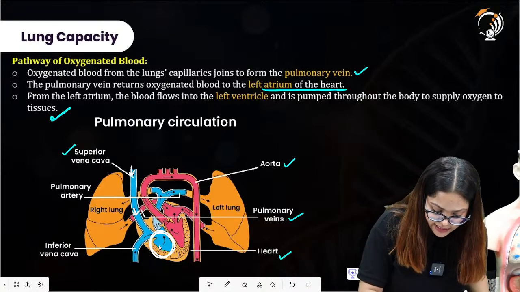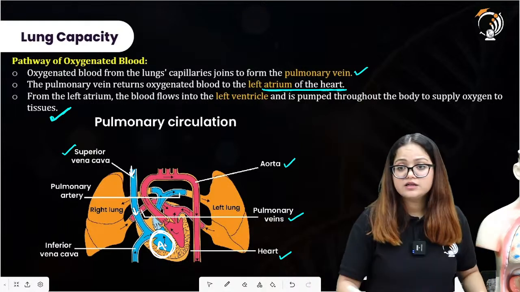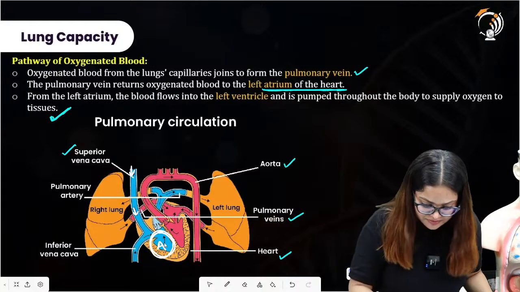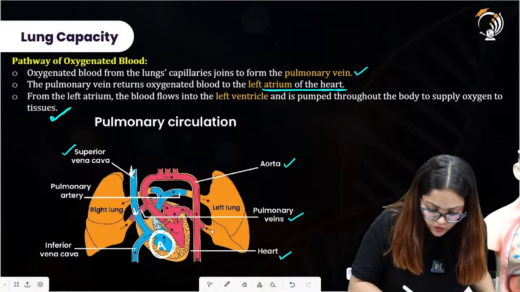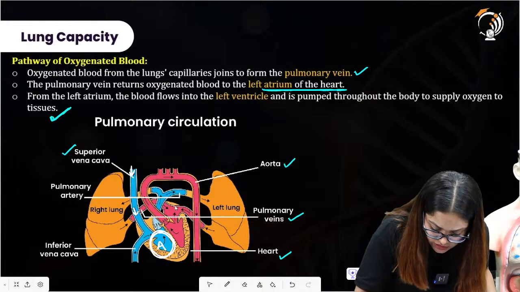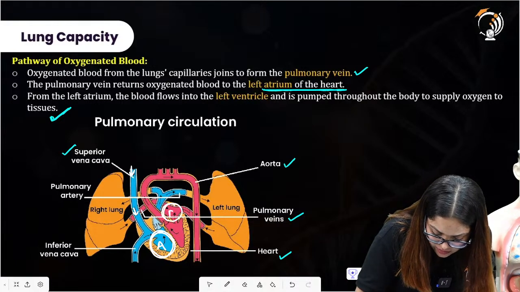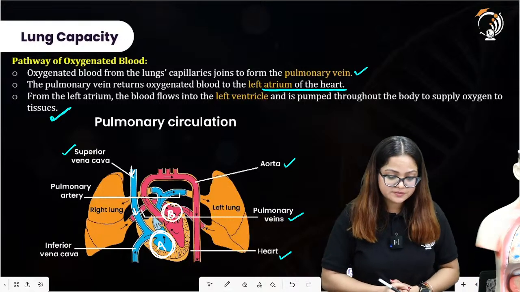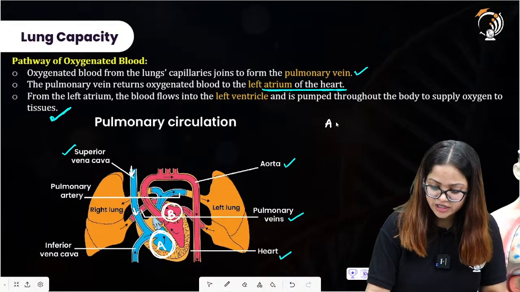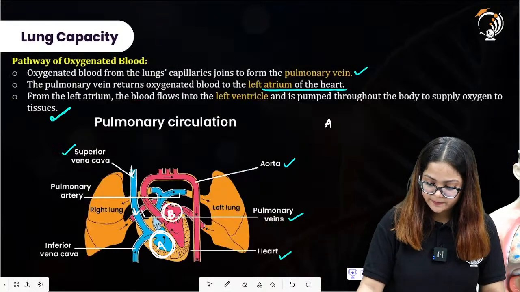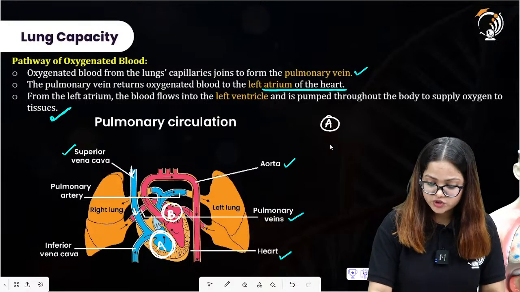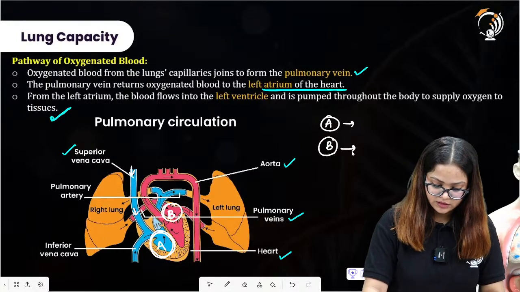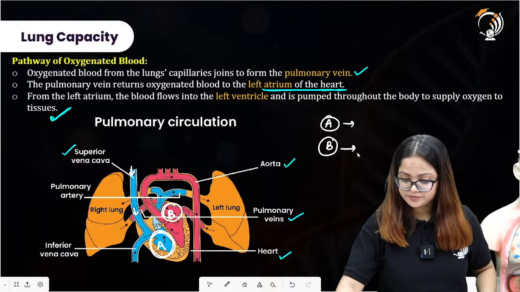Let me mark it as A. Try to tell which chamber of the heart is represented by A here, and the same for the region represented by letter B. Try to tell the chamber for A and the chamber for B. Try to answer.